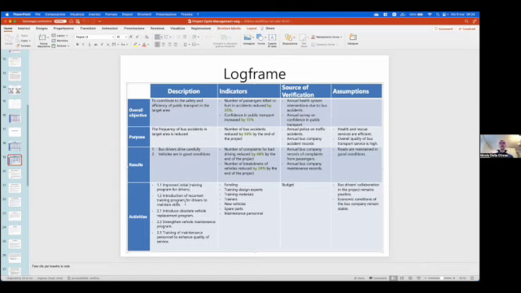There may be other activities, but this is just to give you an idea of the link between the activities and the results.